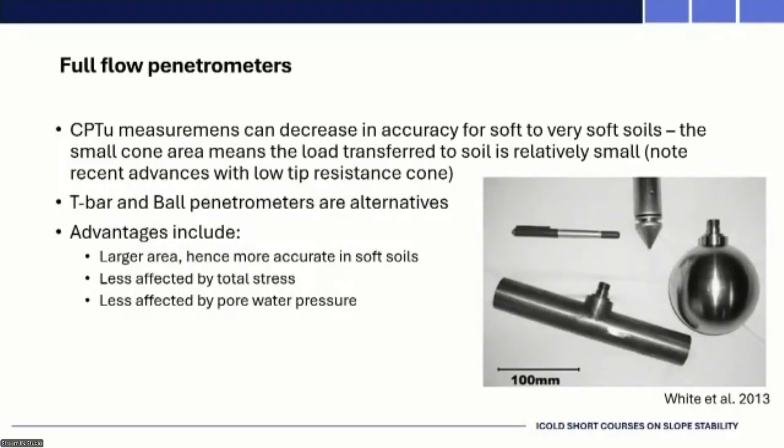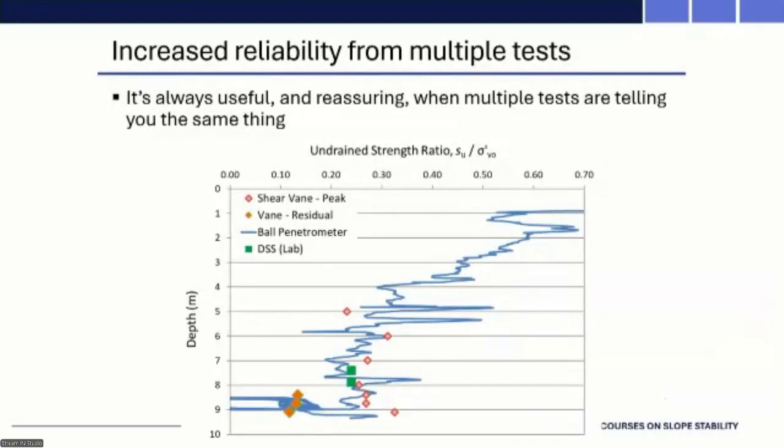But as I said, you can also get a really good estimate of large strain strengths. If you do the penetration tests, then you pull it back up again, push back in, and you do a kind of cyclic test until you get a constant large strain strength. So I think we're going to see more of these apparatuses in select types of soils.